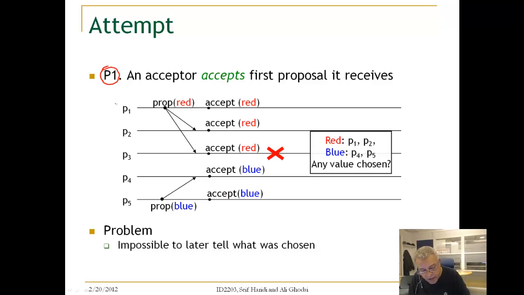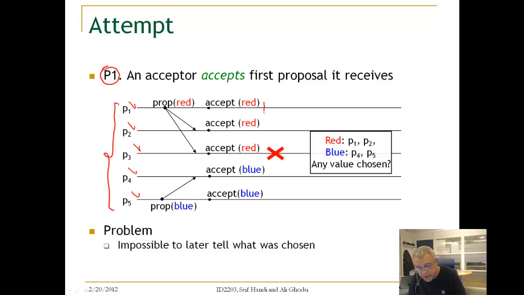We have 5 acceptors, which means a value is chosen if 3 accept the same proposal. Here is a situation that can happen. Process P1 proposes red, and 3 nodes accept red, which is the first proposal. And node 5 proposes blue, and 2 nodes accept blue.